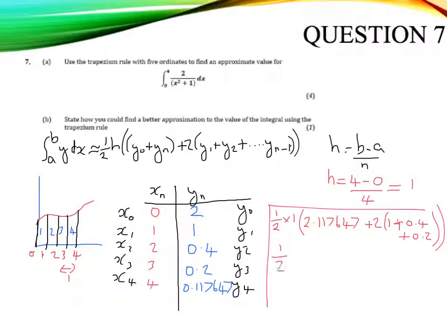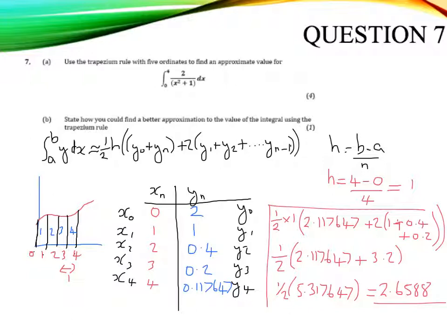So I've got a half of 2.117647 plus 3.2, which is a half of 5.317647, which is, let's do that on my calculator, 2.6588. And that's to 4 decimal places. I think that's a reasonable amount of rounding at that point.